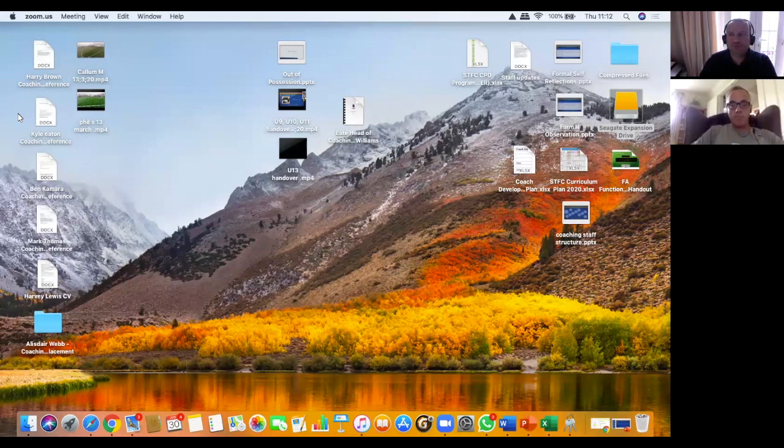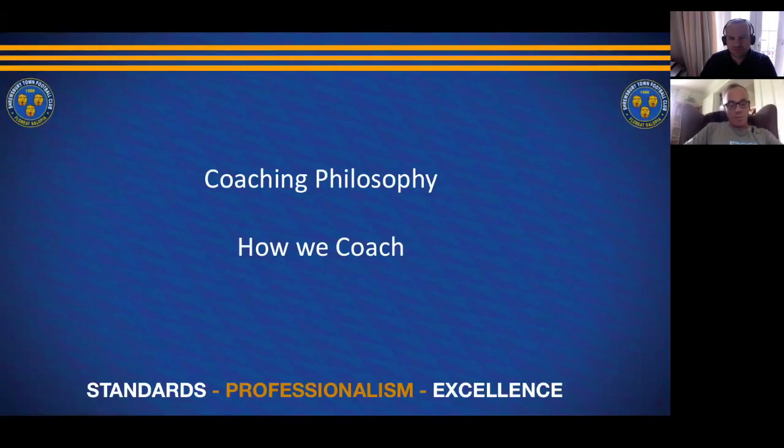Perfect. So my intention is just to share a little bit of how we coach document. Currently, I'm working at Shrewsbury Town as head of coach development, and I've been in post for around about 7 months, there or thereabouts, having previously to that worked at Walsall in exactly the same role, though it was called head of coaching.